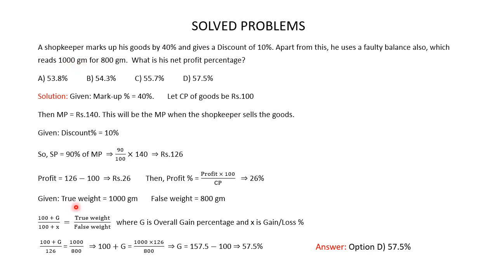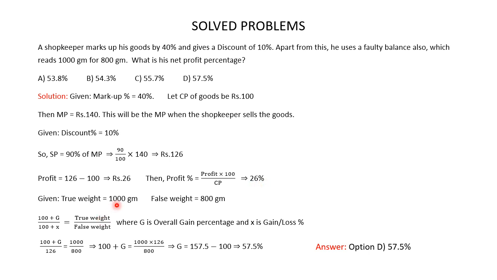So this means that the true weight is 1000 grams and false weight is 800 grams. Now to find the overall profit percentage, use the formula (100 plus G) divided by (100 plus X) is equal to true weight divided by false weight. Here G is the overall gain percentage and X is gain or loss percent. Now here we have found that X is 26% profit.